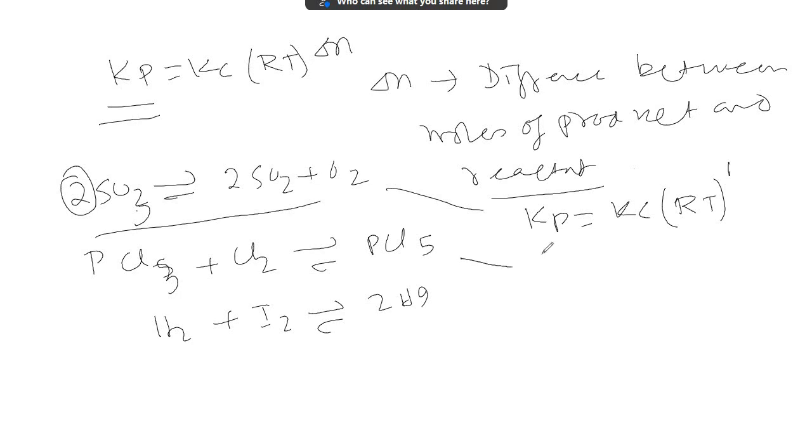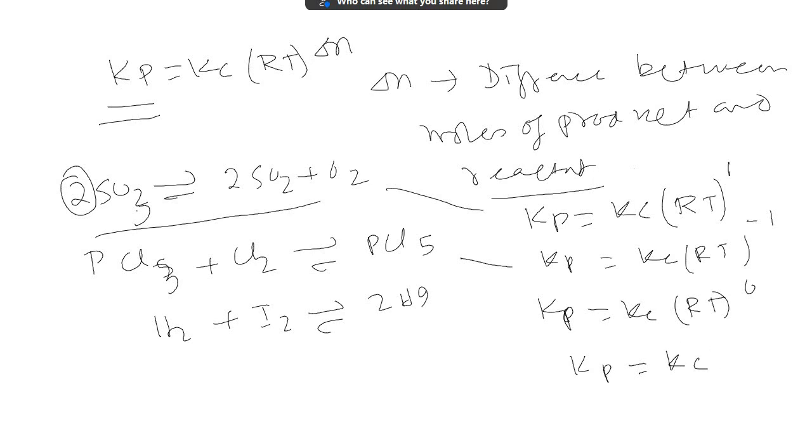For this case, what will it be? Kp is equal to Kc RT to the power, in this case product is 1, reactant is 2, that is minus 1. In this case, on both sides there are 2 moles, so Kp is equal to Kc RT to the power 0. That means Kp is equal to Kc. Hence what is the inference?